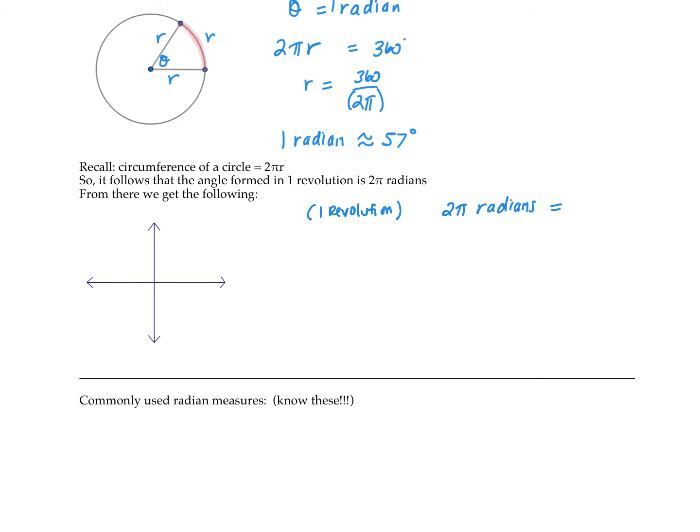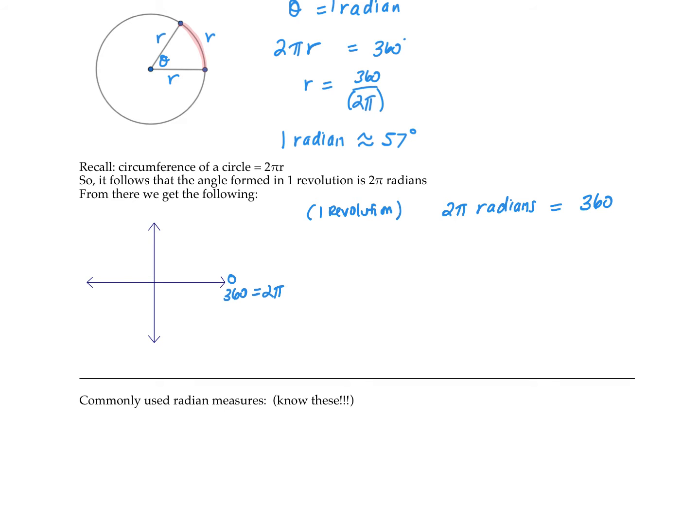And we know that one revolution would be 360 degrees. So if we're at 0 degrees, we go all the way around the circle, we go back to 360 degrees. That's equal to 2 pi.